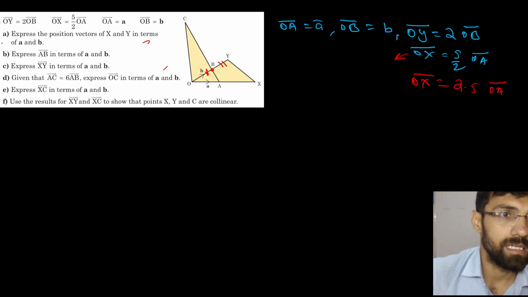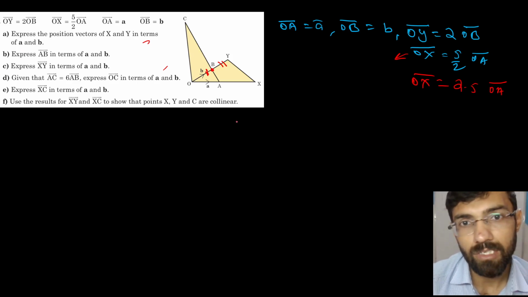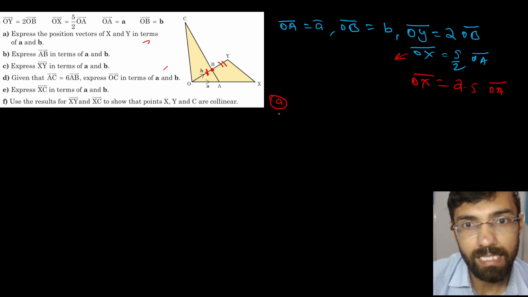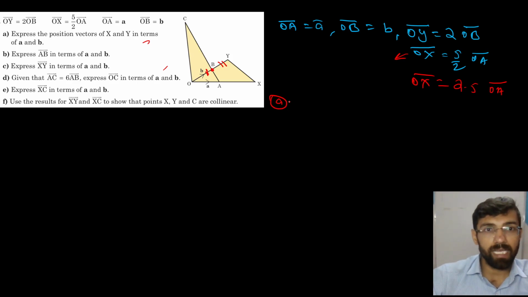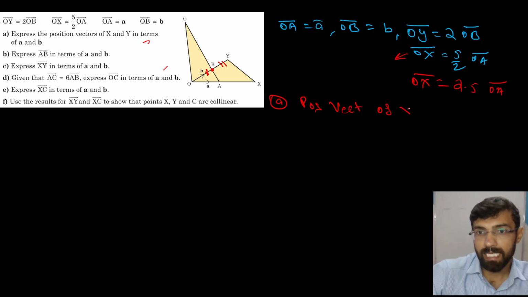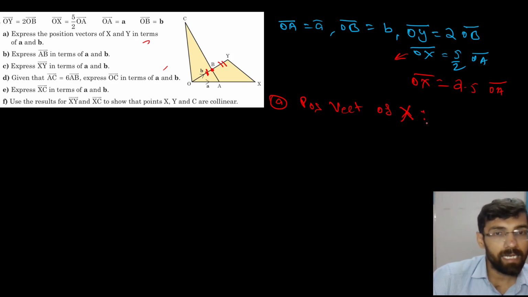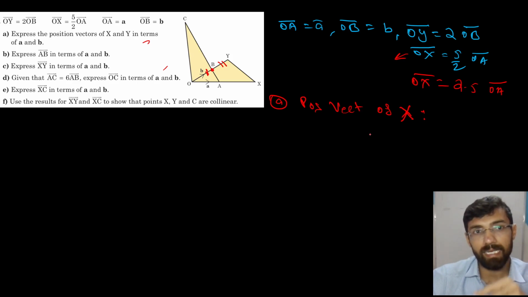Part A: express the position vector of X and Y. So what is a position vector? Position vector of any point means a vector starting from the origin and ending at that point.